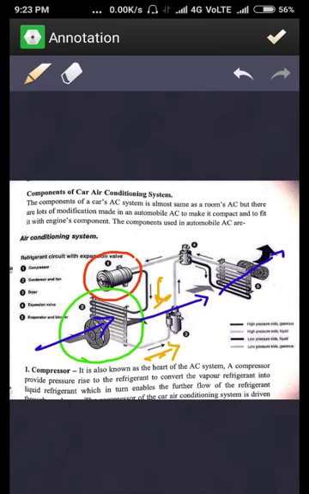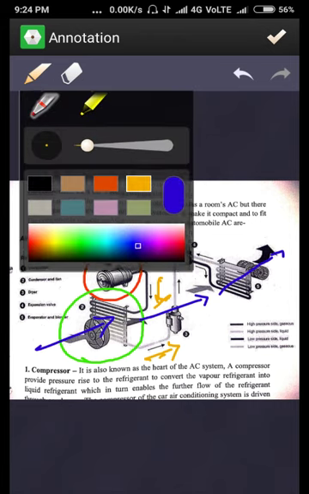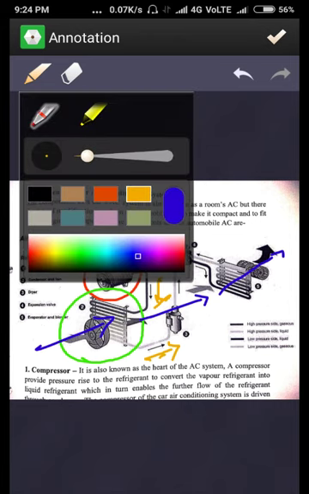Now it will go to the third component, which is the dryer. Once again I will show it with the red color.